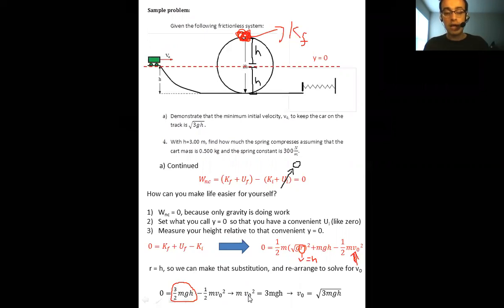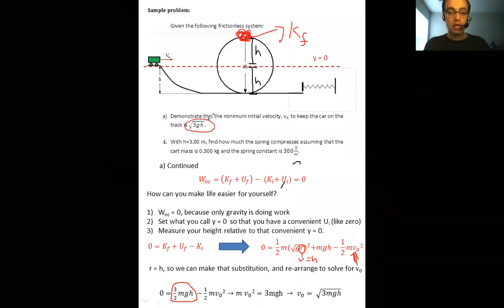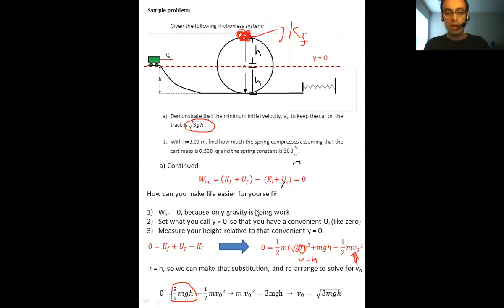So we know that mv naught squared is equal to 3mgh, and we show that v naught is equal to the square root of 3gh, which is what we have been asked to prove in this particular problem. Okay, so that's part A. I told you it was a doozy. Let's have a look at part B.